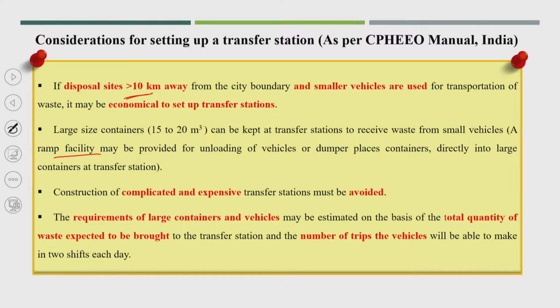The requirement of large containers or vehicles may be estimated on the basis of the total quantity of waste expected to be brought to the transfer station and the number of trips the vehicle must be able to make in 2 shifts each day.